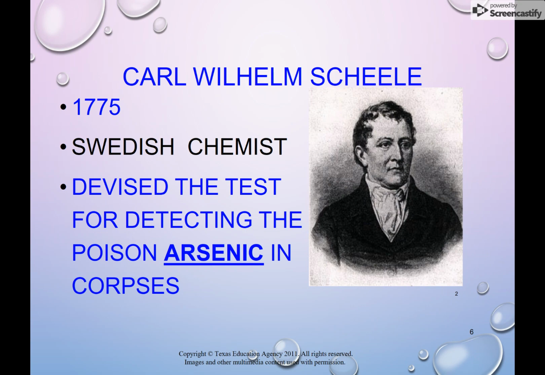So let's write down that the poison had to be present in large amounts. Okay, that's the only way the test would work. If you only had a tiny bit of poison, it didn't work out for you. He couldn't actually tell if you had been poisoned.